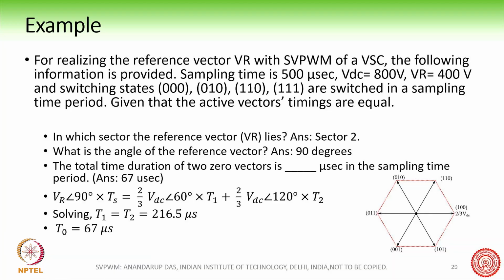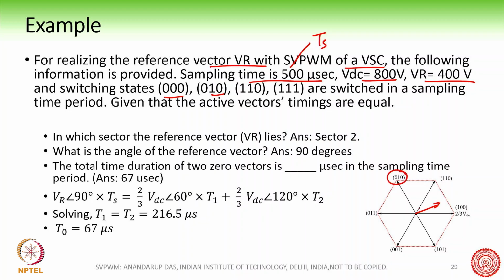Suppose we want to realize the space vector VR with SVPWM of a VSC. The following information is provided. The sampling time TS is 500 microseconds, VDC is 800 volts, VR is 400 volts, and these are the switching states, 0 0 0, 0 1 0.